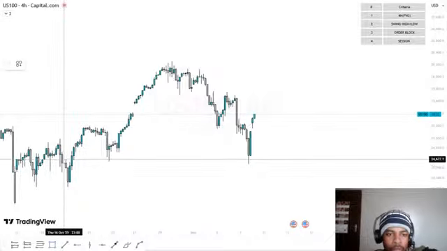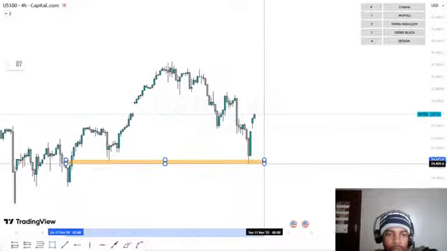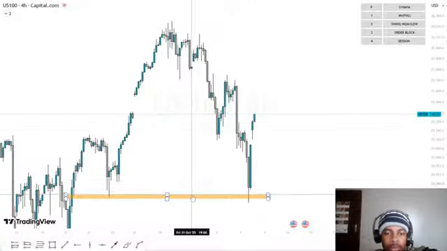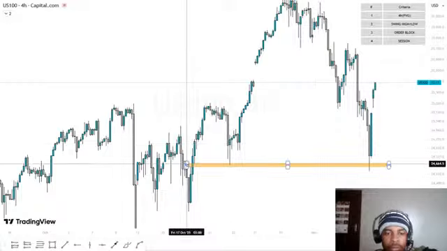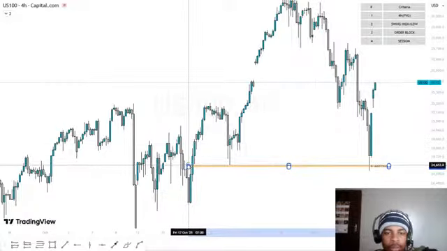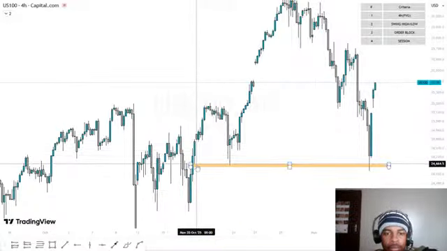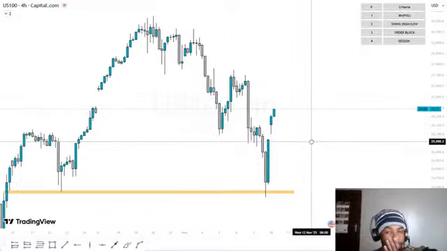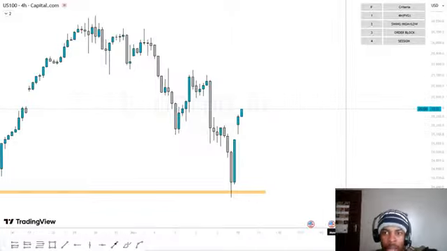My 4 hour fair value gap is somewhere around here. That's my 4 hour fair value gap. So after finding it, I know I'm expecting a bullish momentum, because it's in the discount side.